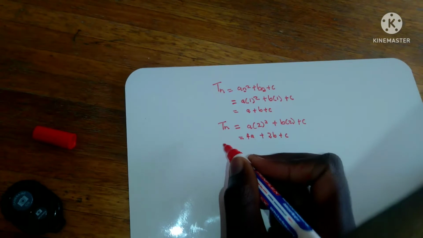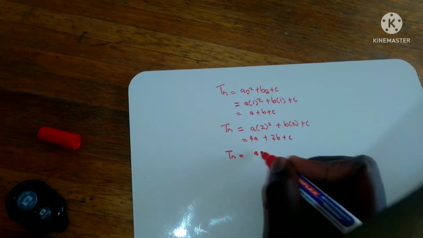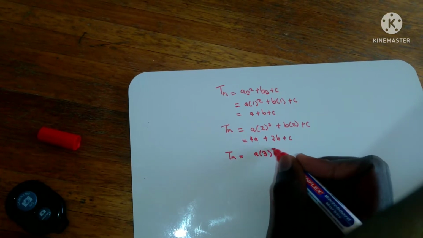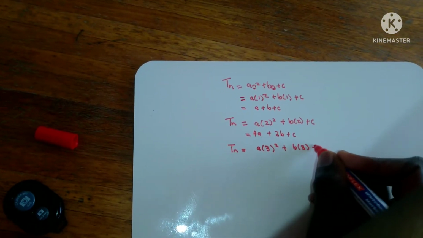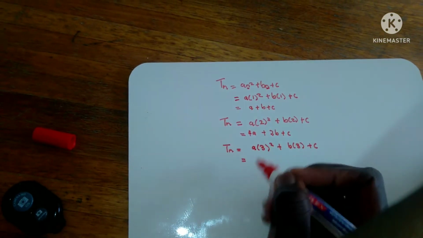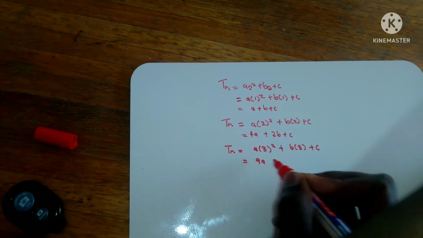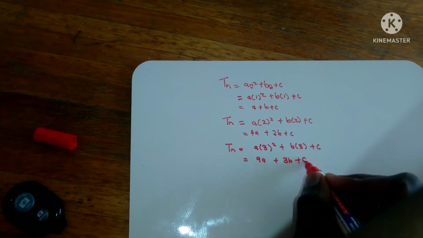Then we can also use a third term, and we can say a multiplied by 3 squared plus b multiplied by 3 plus c. 3 squared is 9, so this is 9a plus 3b plus c.